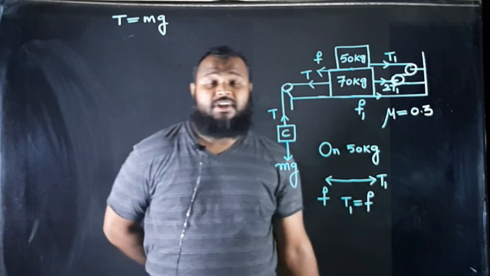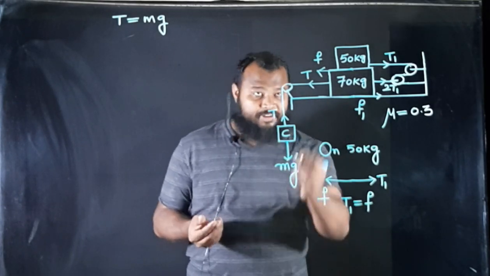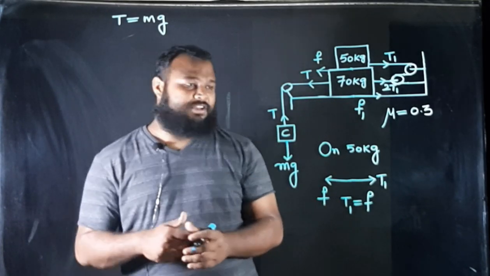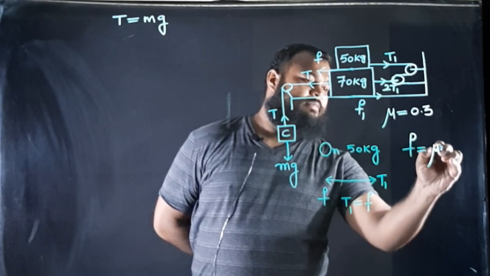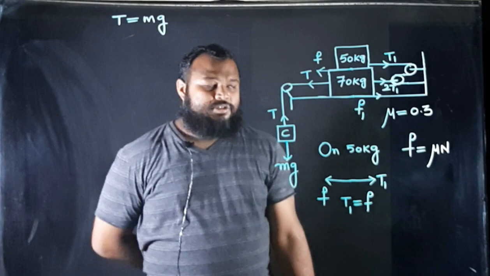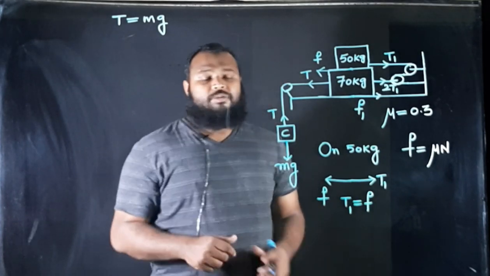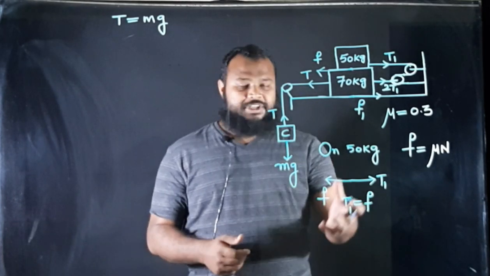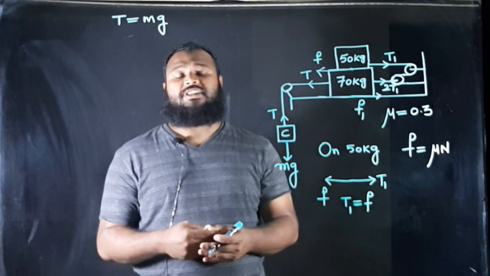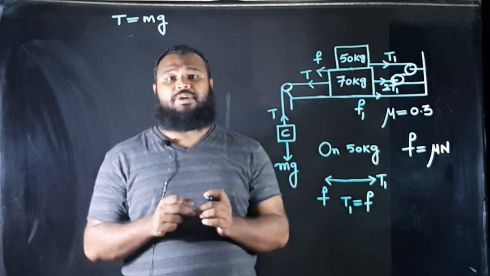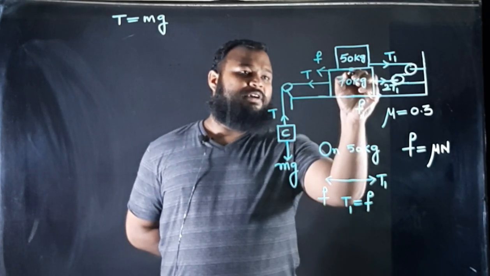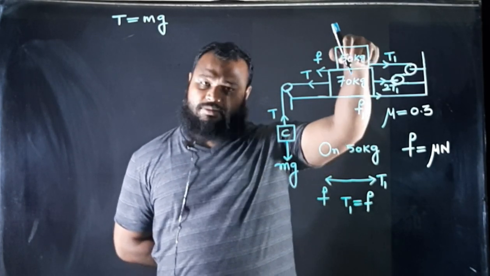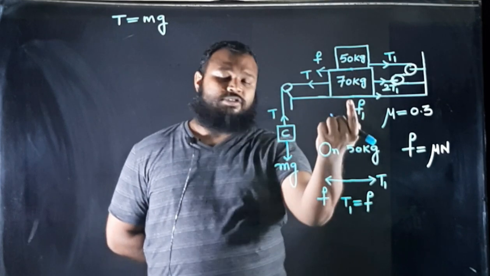So what is F? The maximum value of friction between 50 and 70, which is limiting friction. So how do you find friction? Friction is simply mu times normal reaction. Do not remember the formula for friction as mu mg or mu mg cos theta. Always remember that friction is mu times the normal reaction. So what is the normal reaction between 50 and 70? 50 kg gravitational force acts downwards, so normal is upwards.